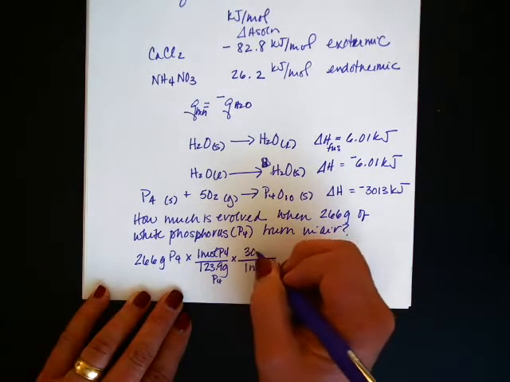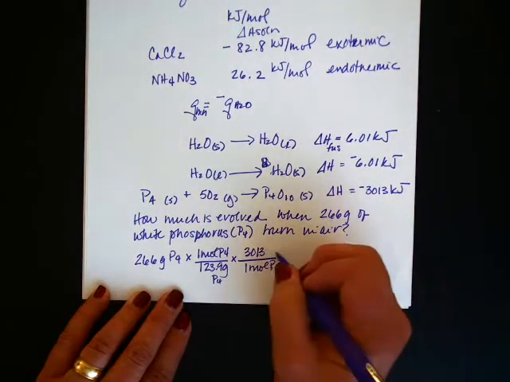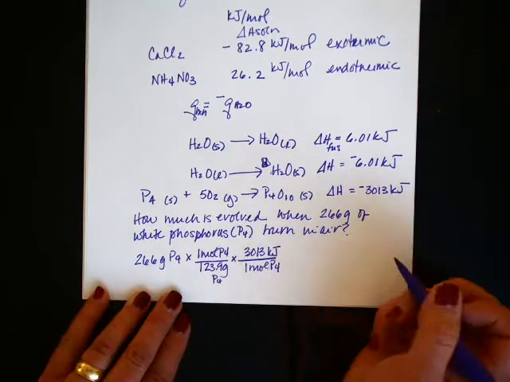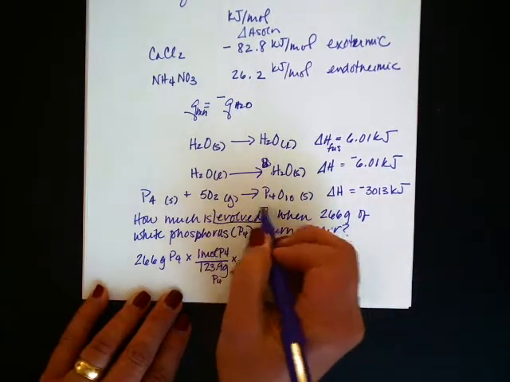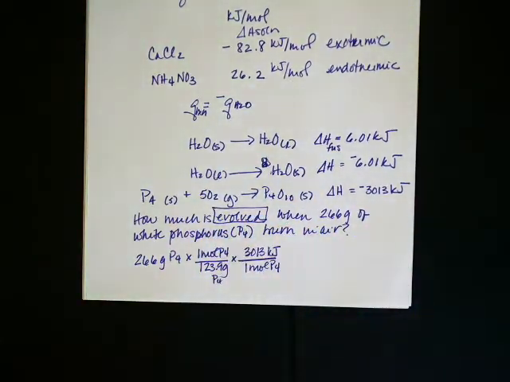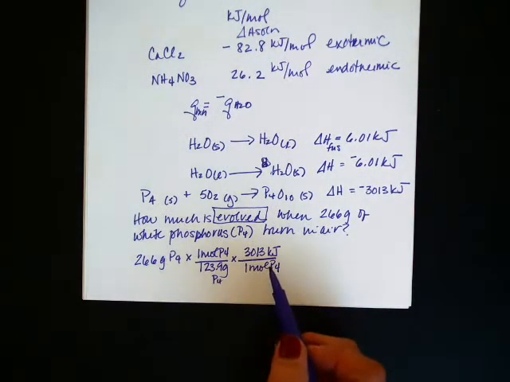3013 kilojoules of heat. Now I want you to notice the sentence used the word evolved. And that tells me that it's exothermic, and I'm just going to give the value without a negative sign.